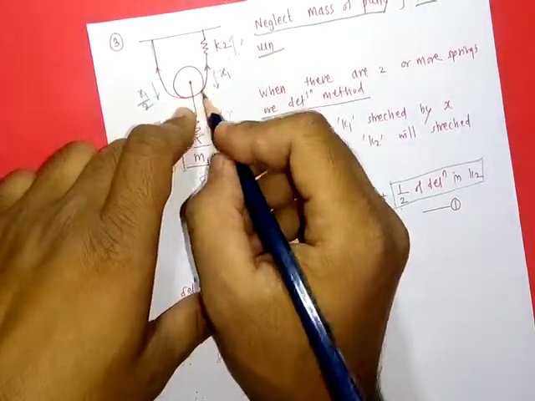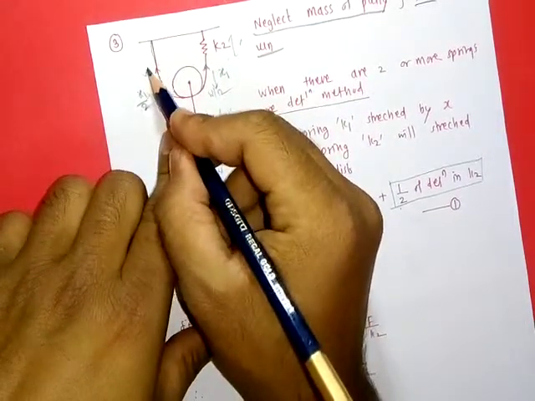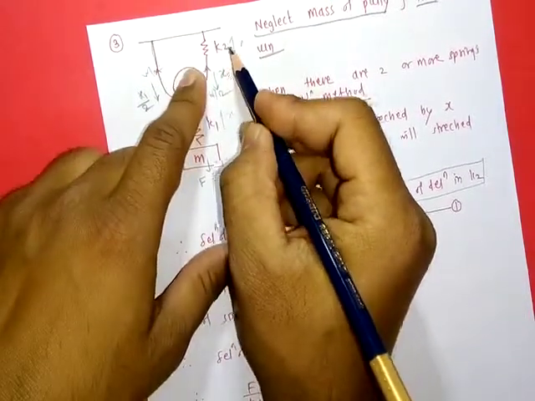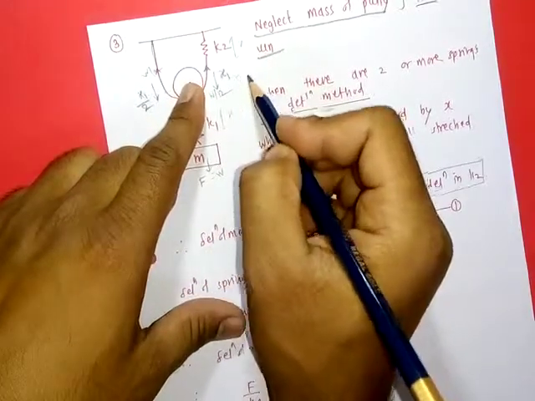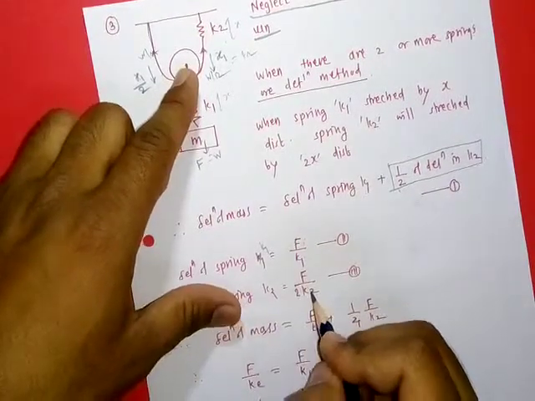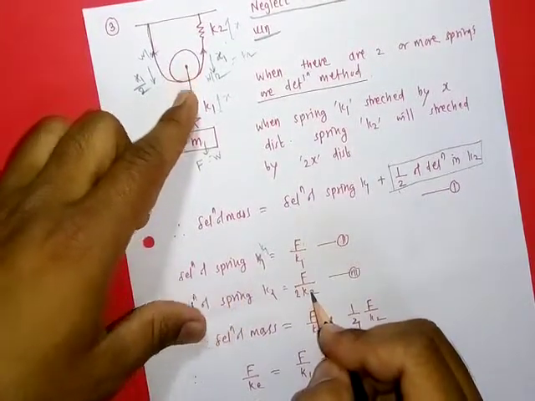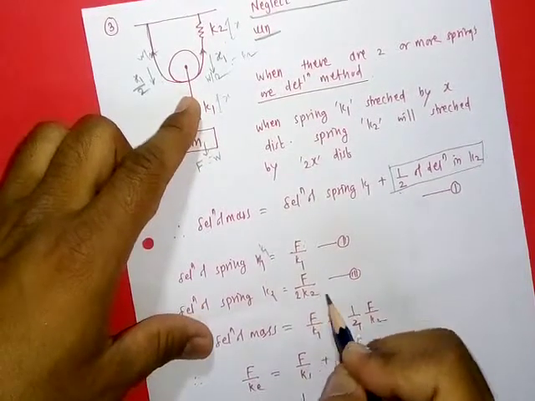Then this weight will be equally divided into these two springs. Then the weight force acting on this spring will be half of the weight, that is F by 2. Therefore the force is F by 2 here and the spring stiffness is K2. So the deflection will be equal to F upon 2 K2.